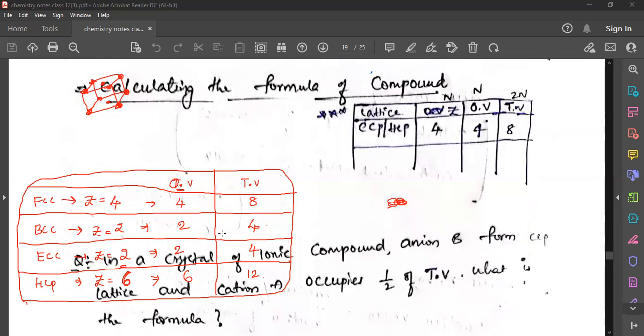Okay, now can you see the question? In a crystal of ionic compound, anion B forms CCP lattice and cation A occupies only half of the tetrahedral voids.